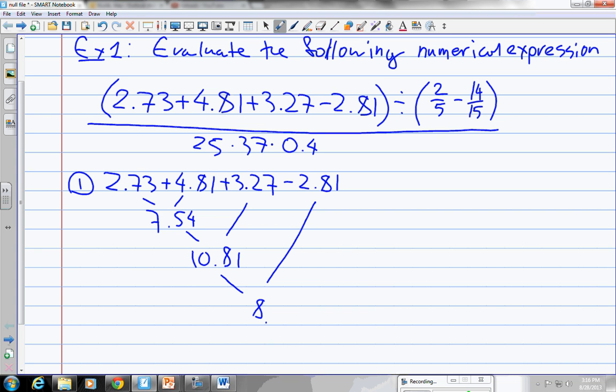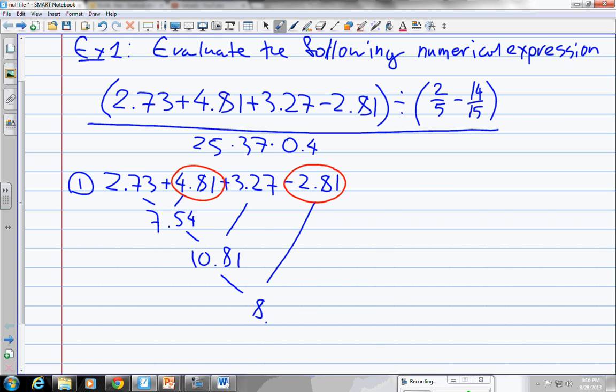But real numbers have certain properties. I can rearrange numbers around the plus sign. One number plus another number is the same thing as if I flip it. So I can probably notice, are there two numbers that are easy to add together, easier than just going in a row? What do you think? Yeah, it looks like it should be pretty easy to do 4.81 minus 2.81 together.